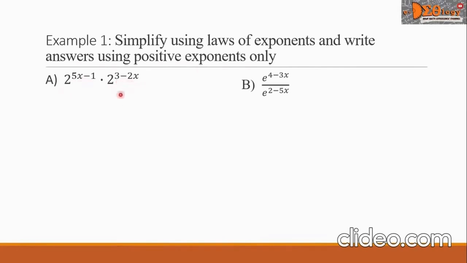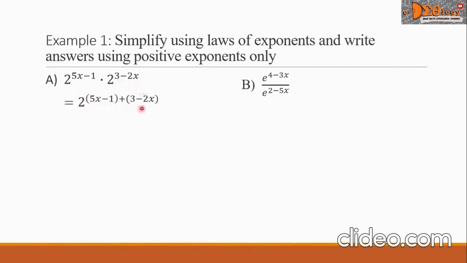So we have here multiplication of exponents with same base. So what we'll do is simply add the exponents. So we have 2 raised to 5x minus 1 plus the other exponent is 3 minus 2x.